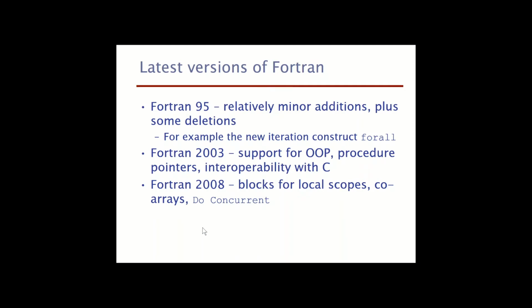Fortran 2008 did not actually contribute much. It added only specific things like blocks of local scopes, co-arrays. We will speak about these later on, not now. Also some iterative capabilities, like here in this case, do concurrent.